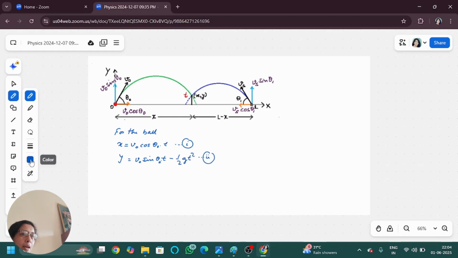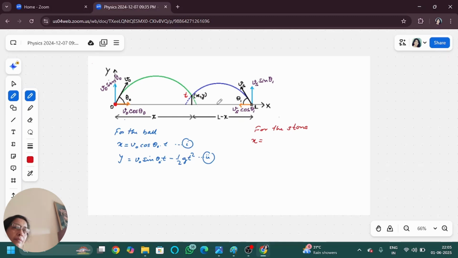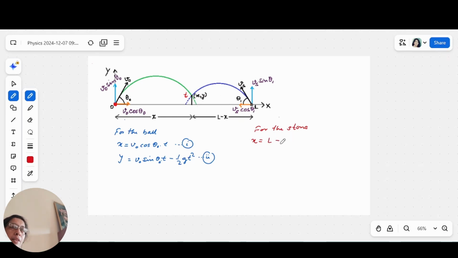And for the stone, x will be equal to L minus Vs cos theta 1 t.